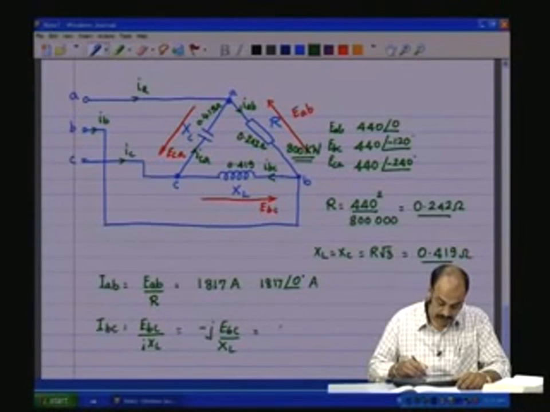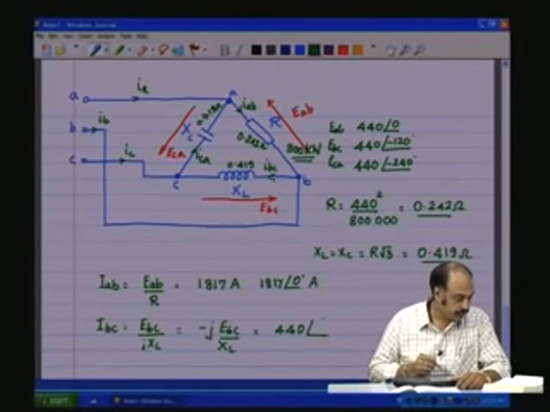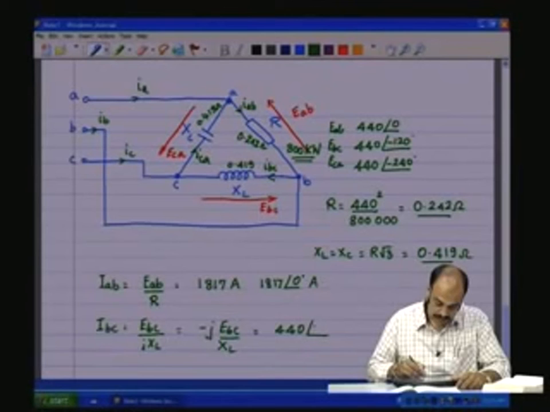Now EBC is 440 at an angle of minus 120.